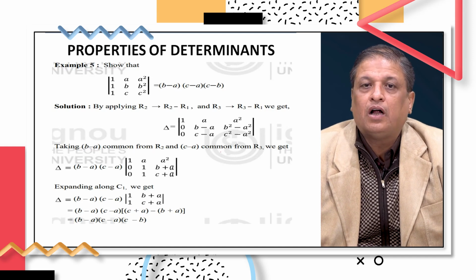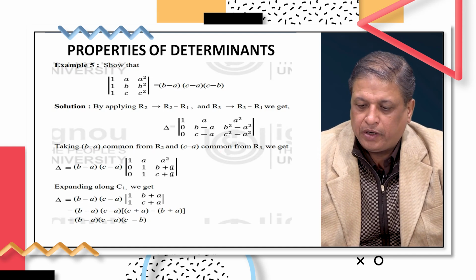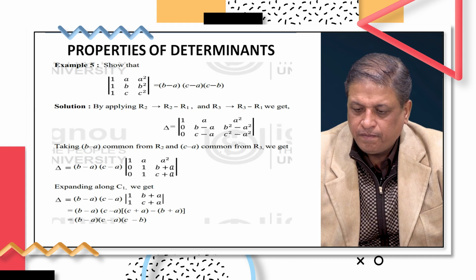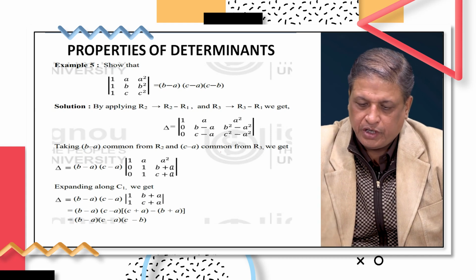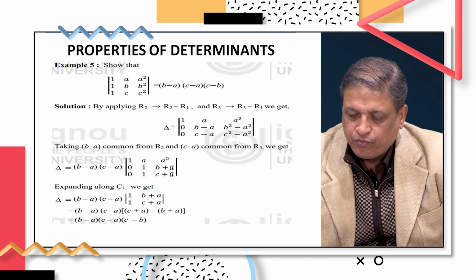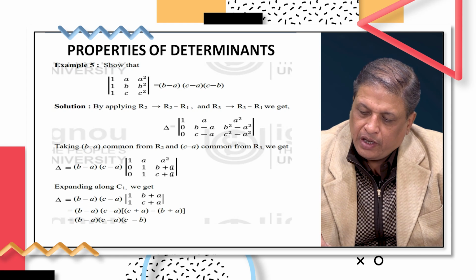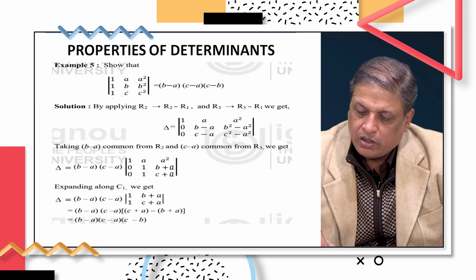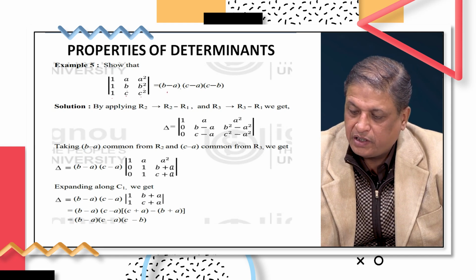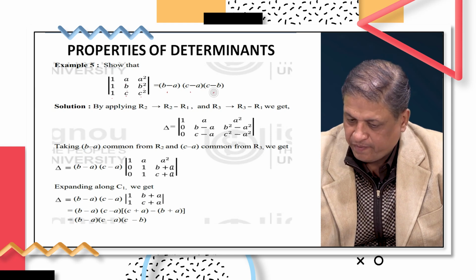Now let's apply these properties and solve some numericals. Here is an example: show that the determinant 1 a a square, 1 b b square, 1 c c square is equal to b minus a into c minus a into c minus b.